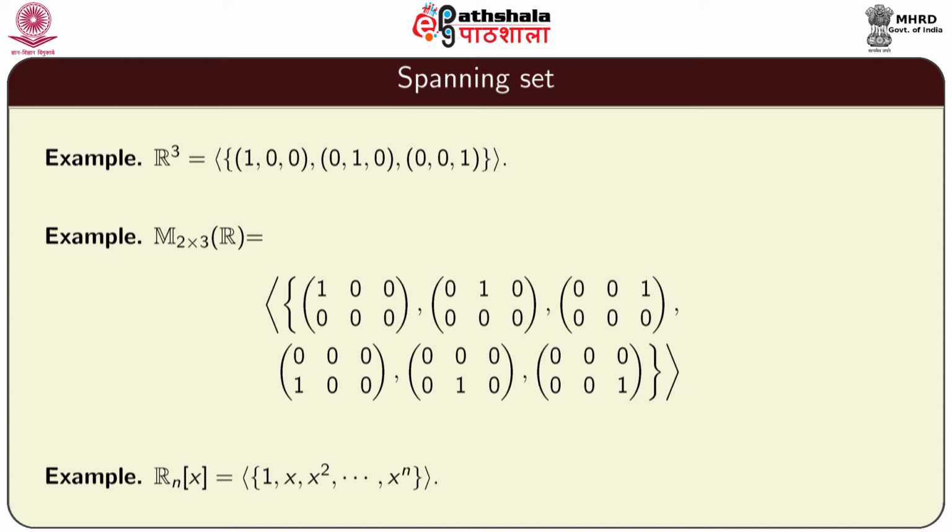One more example, the example of the collection of all 2 cross 3 matrices with real entries. Again, we have a very special subset, namely the set containing these 6 matrices, and you can see that these matrices have only entries 0 or 1, and the speciality is that the position of 1 is changing for each one of these and the other places are being filled with zeros.